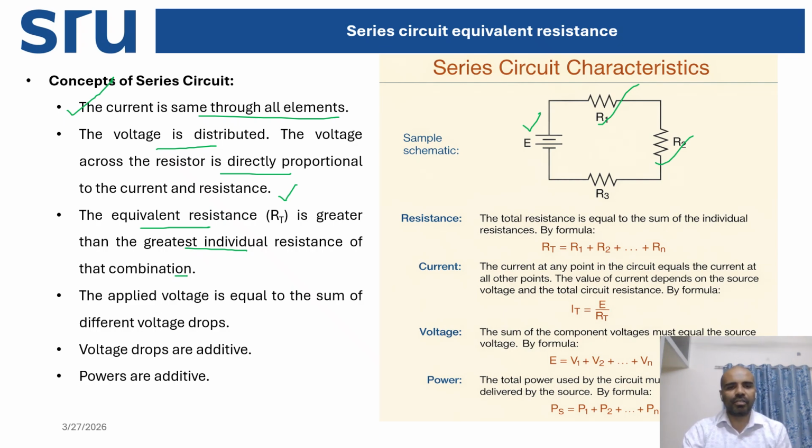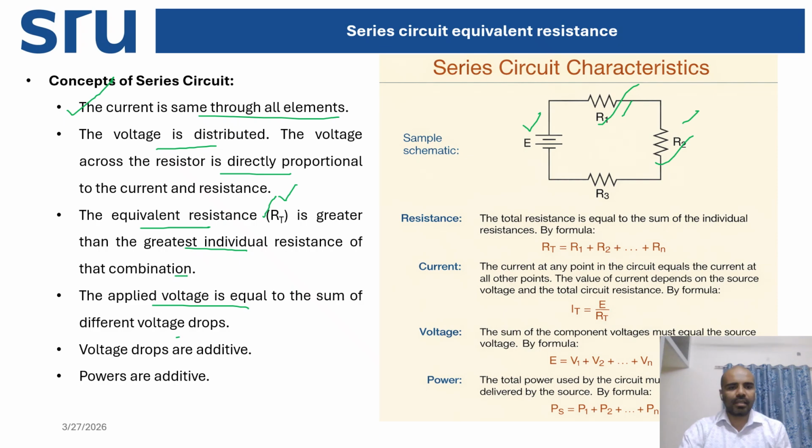So the equivalent resistance, or the total resistance RT, is equal to the sum of the individual resistances R1 and R2, that is, RT equals R1 plus R2. So the equivalent resistance must be greater than the individual resistance of the combination.